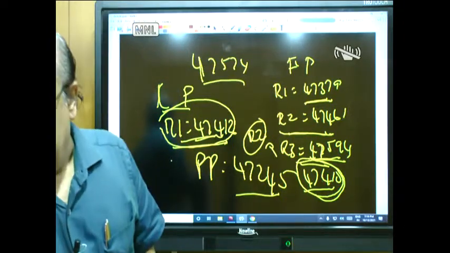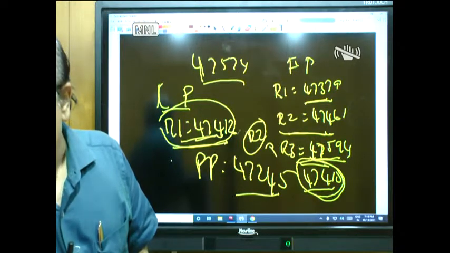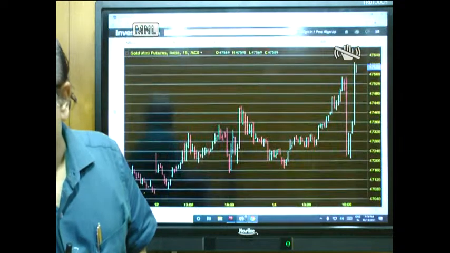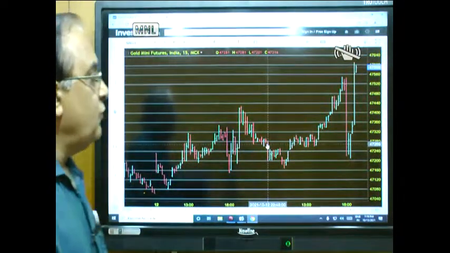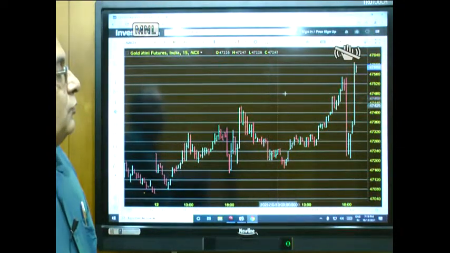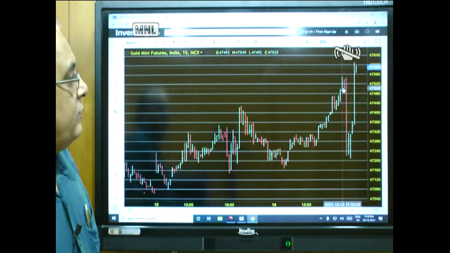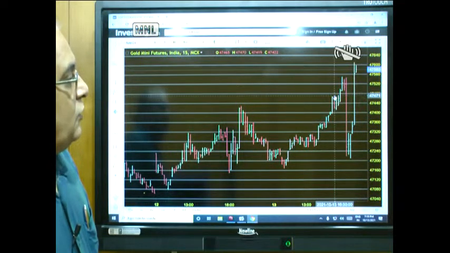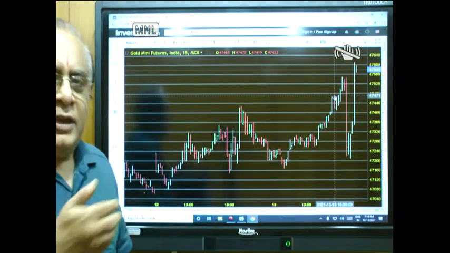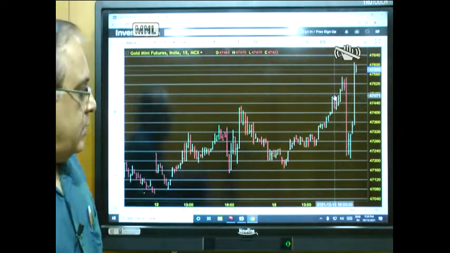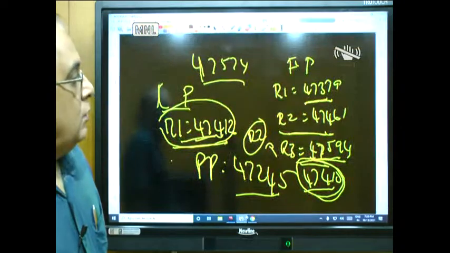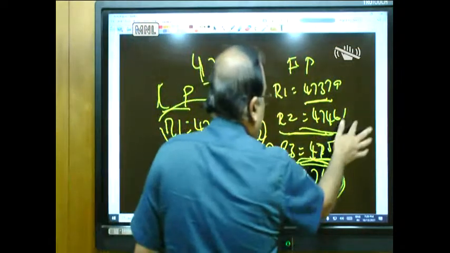So let's look at the chart right now as far as the gold is concerned, and let's see where are the places where it took supports and resistances. So this is the high, which is 47,549, and below that is 47,470. So that is where we saw the R2 here, right?